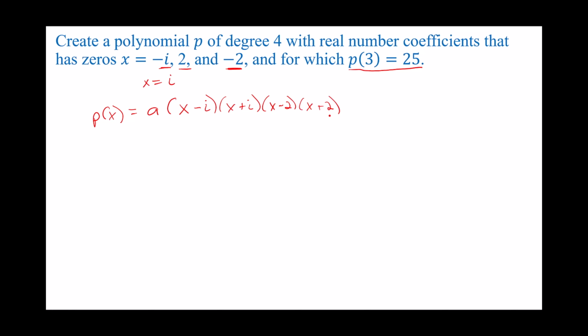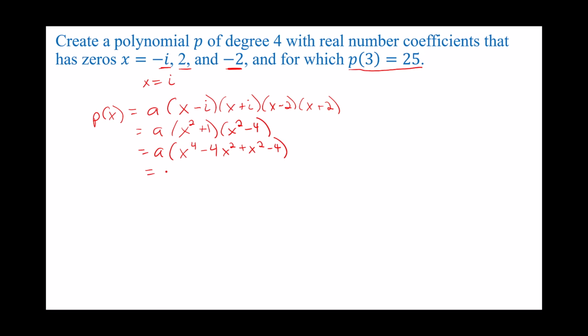So x minus each of the zeros, and then I need to distribute x minus i and x plus i, that is a difference of squares, so I have x squared minus i squared, or x squared plus 1. And x minus 2 and x plus 2 is a difference of squares, so I have x squared minus 4. So a times, if I distribute here, I have x to the 4th minus 4x squared plus x squared minus 4.